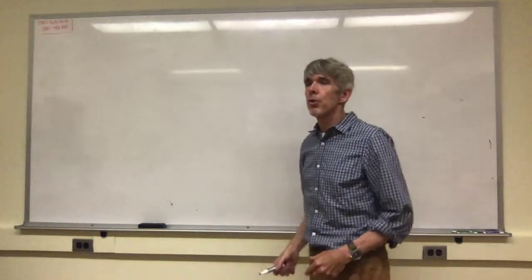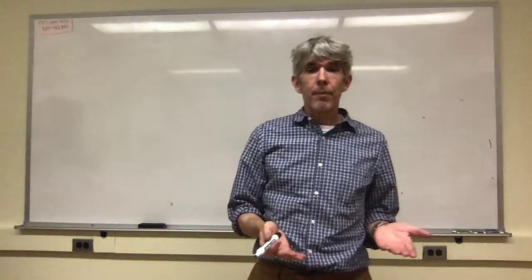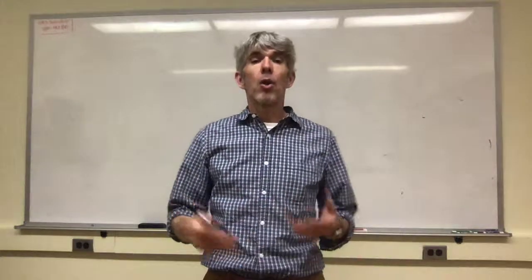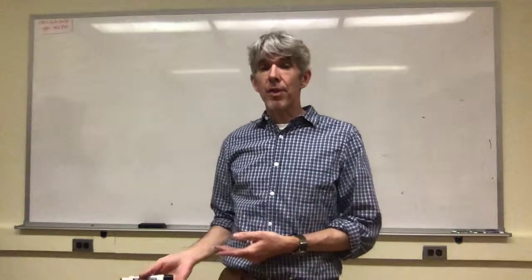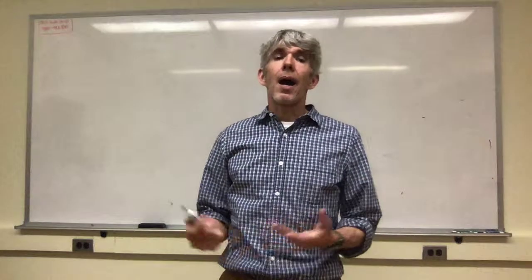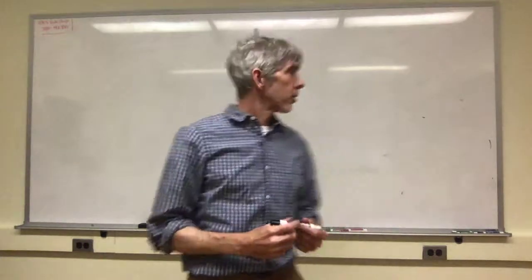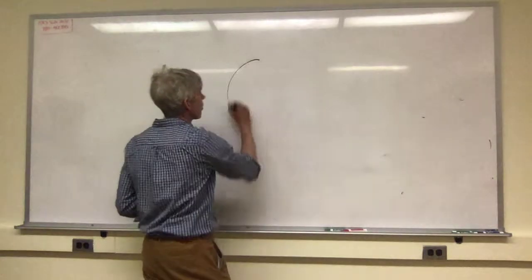We refer to a drawing of a body along one of these planes as a section, so we might have a sagittal section or a frontal section or a transverse section. I drew a transverse section of the abdomen in the last lecture, and I'm going to make this drawing a lot, so I'll draw it again.